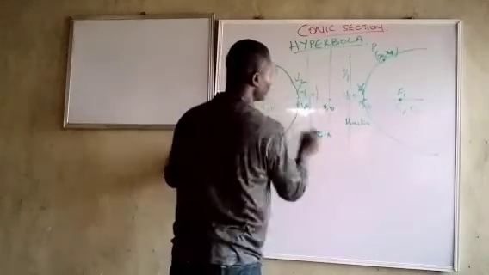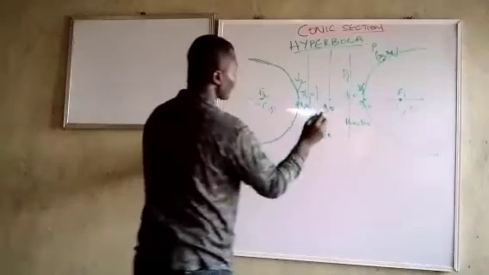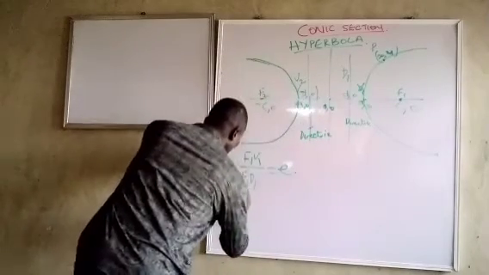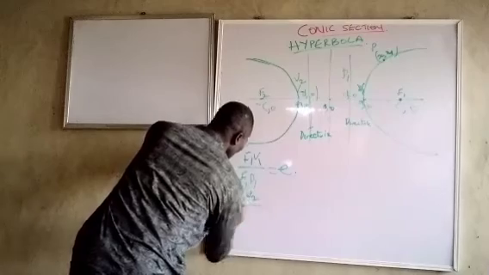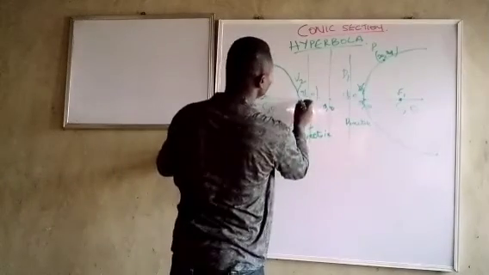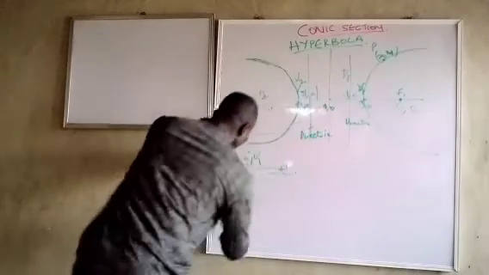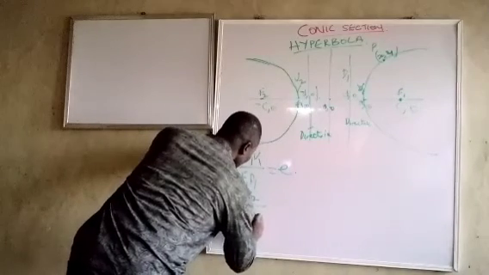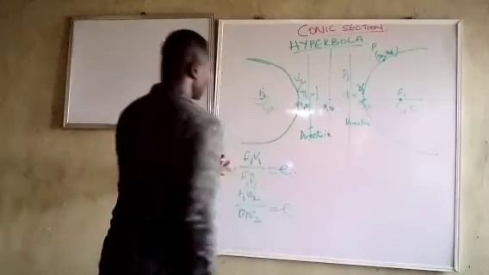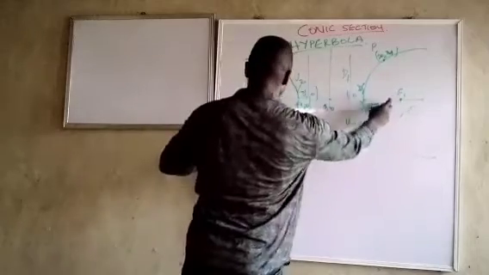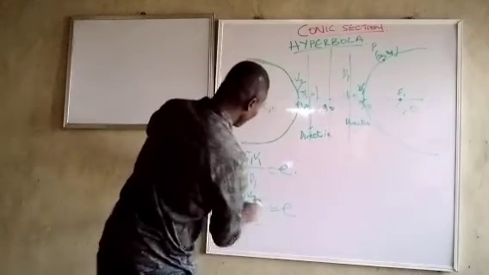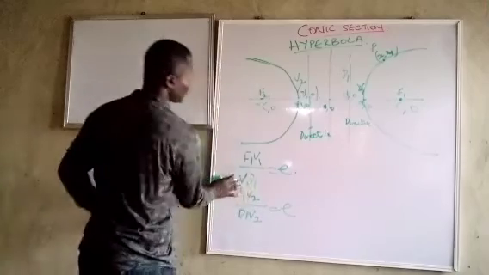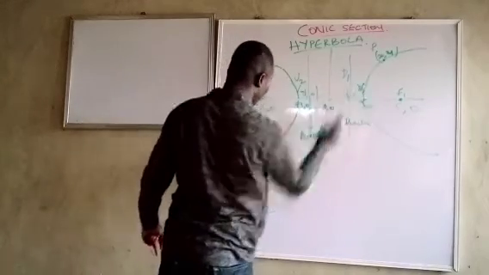So this one is V2. F1V2 over D1V2. No, this one is supposed to be V1D1, the distance of this place to this place.